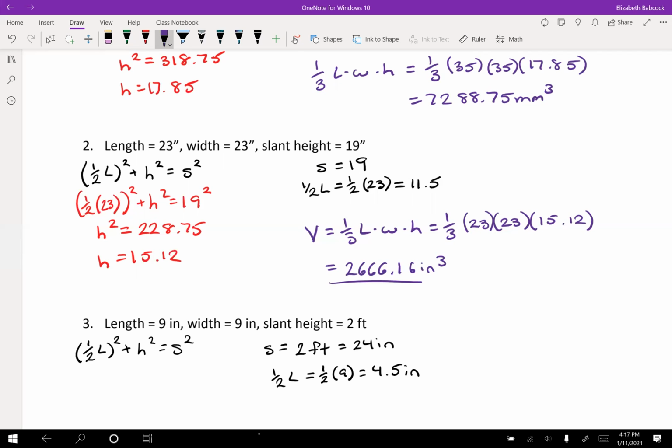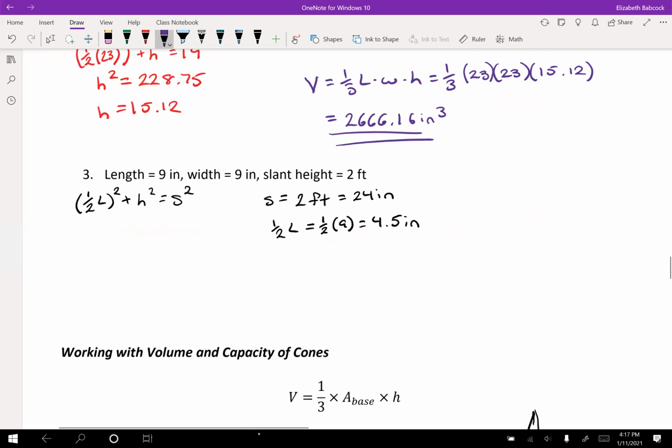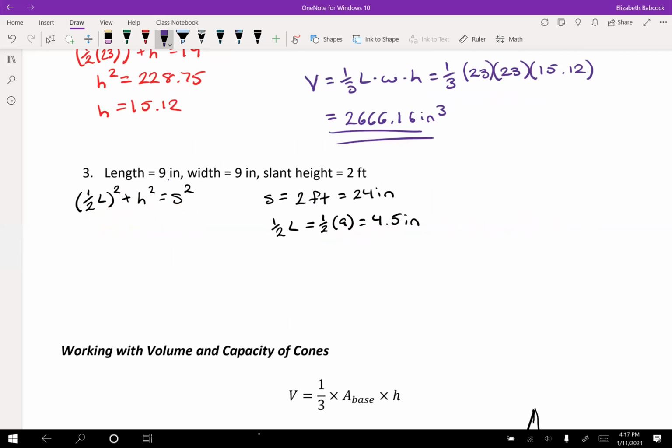There you go. Now this one's even a little different again, because notice we have inches, feet. So what I have done is I have converted my feet to inches so that we are good to go and can keep operating and solving these questions.